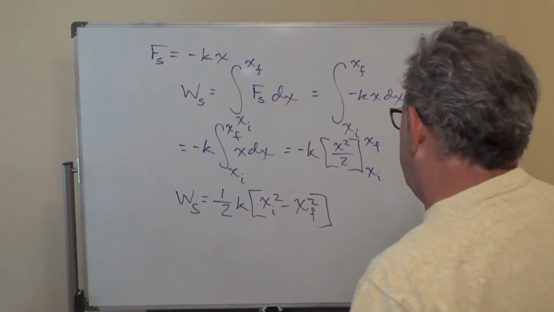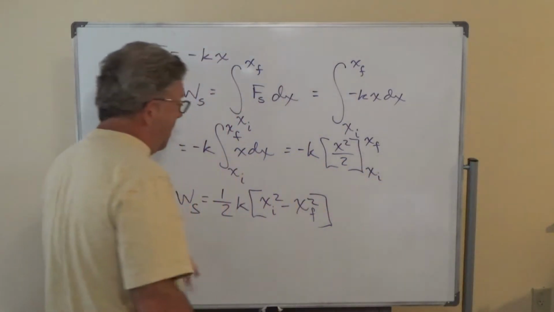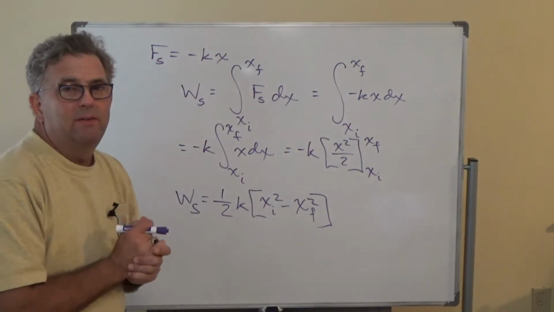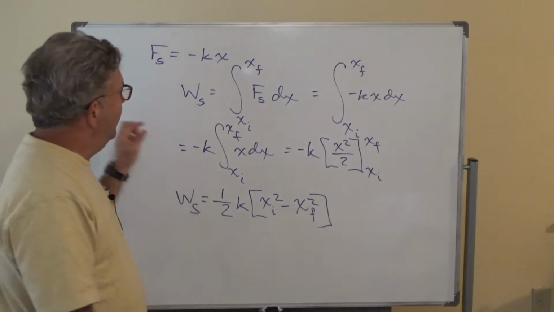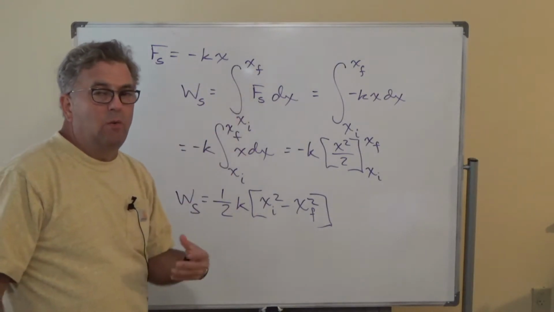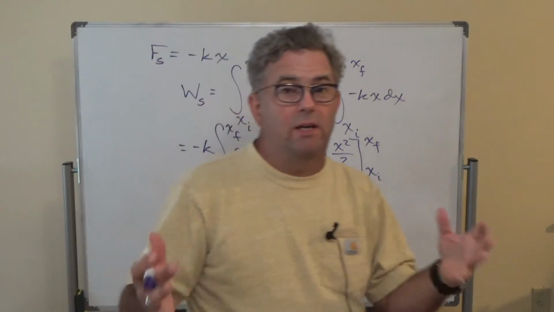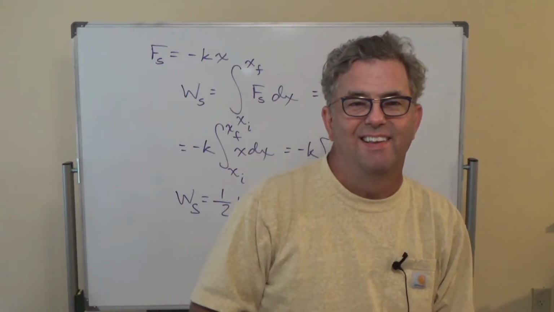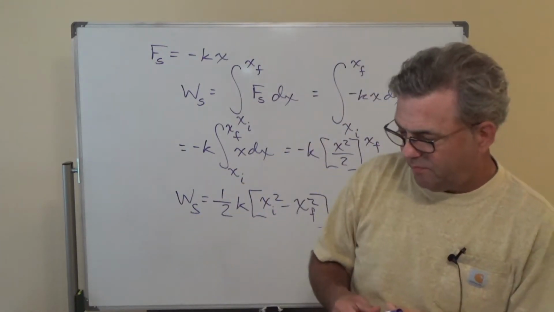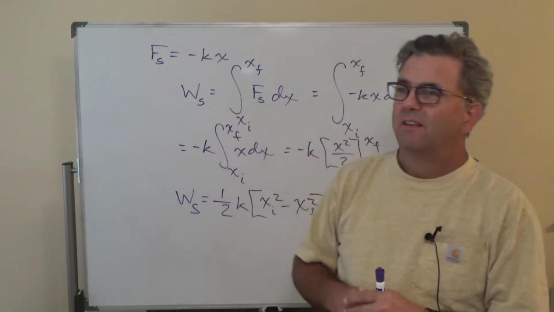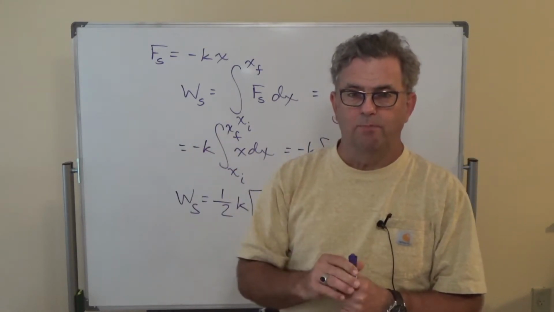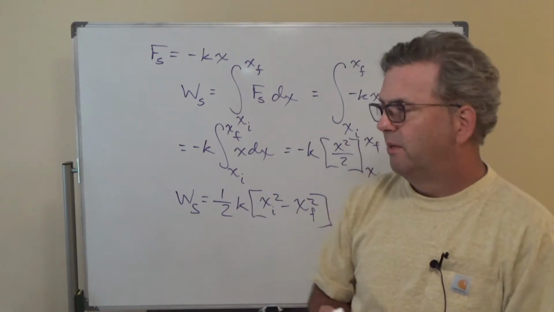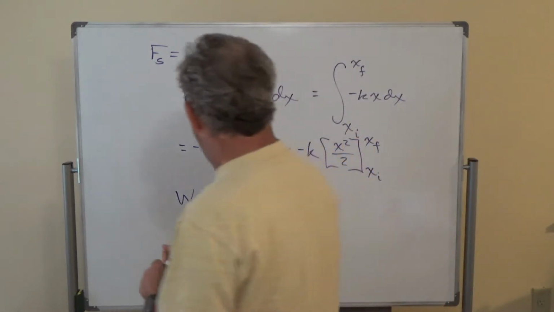Okay, so this is the work done by the spring. There is some external agent that is doing work to move this. The spring doesn't do this on its own, okay? It has to be brought to some point initially by some external agent.